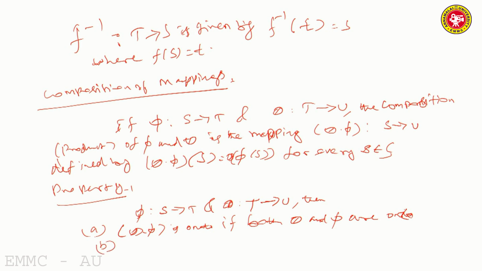Then we have the second result: theta is necessarily onto if theta dot phi is onto.